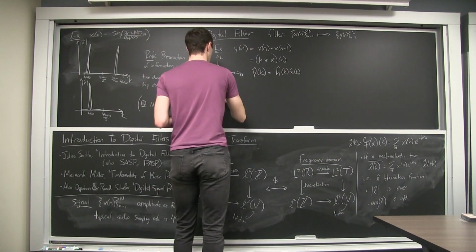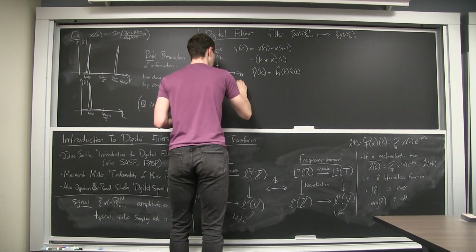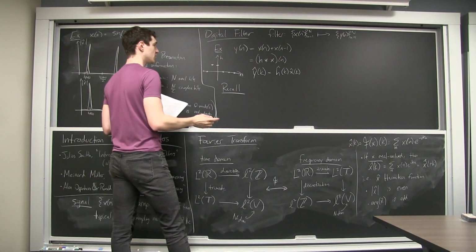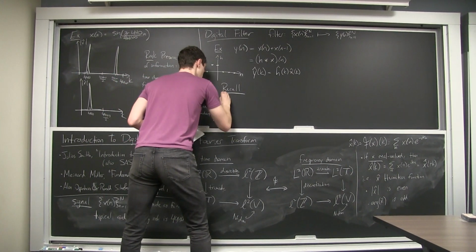Okay, and then we just need to calculate what h hat is, and we'll fully understand what this filter is doing. In order to do that, recall two pieces of information about the Fourier transform.